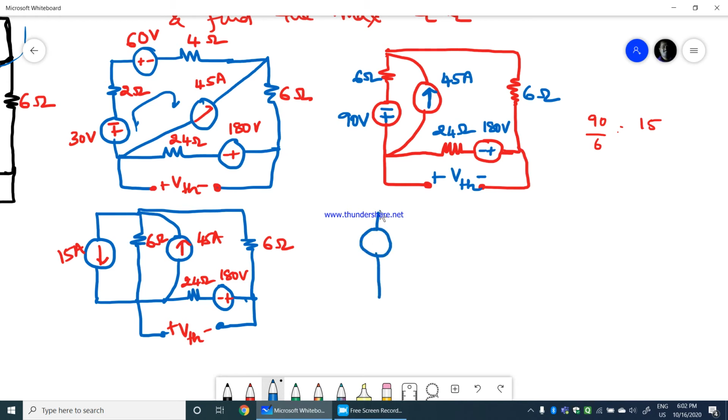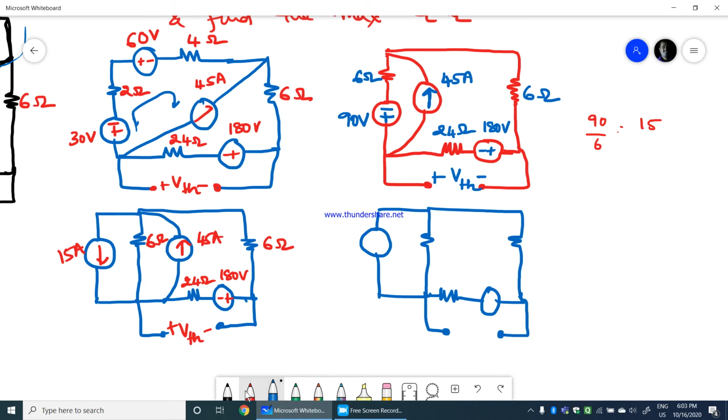So I get one current source, one resistance, and this in turn is connected to this 6 ohms, and between that you have 24 ohms and a voltage source connected, and across this is the VTH we are going to find out. So plus minus VTH. This would be flowing upwards because 45 is greater than 15, so 45 direction will be the current source direction here.